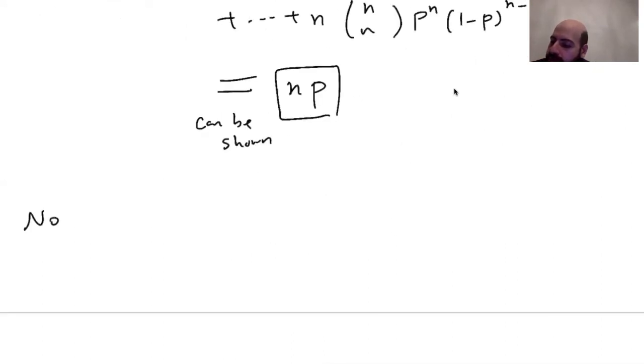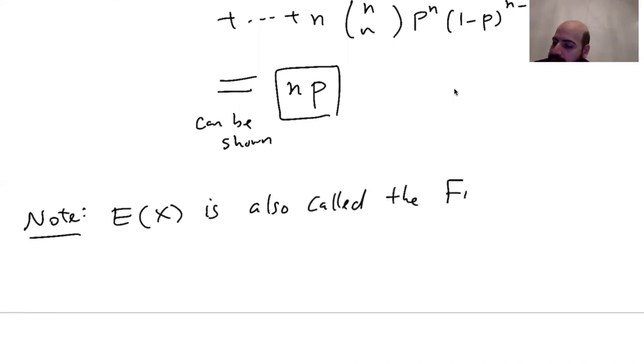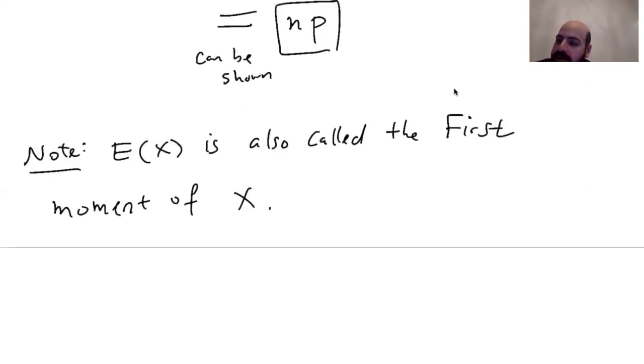Now note here that E of X is also called the first moment of random variable X. Now similarly, the second moment can be defined.